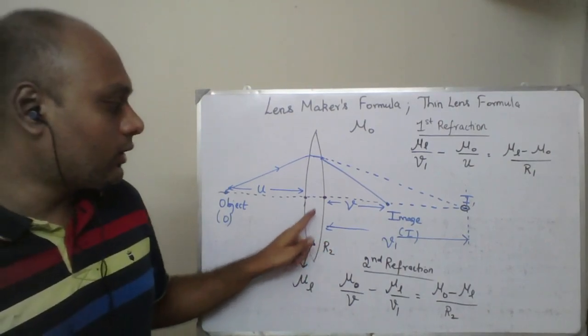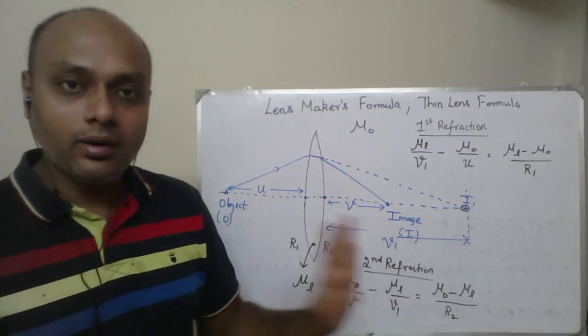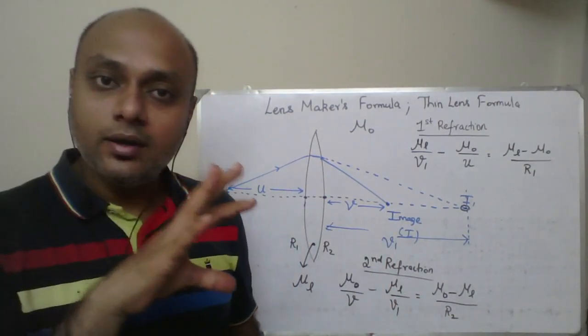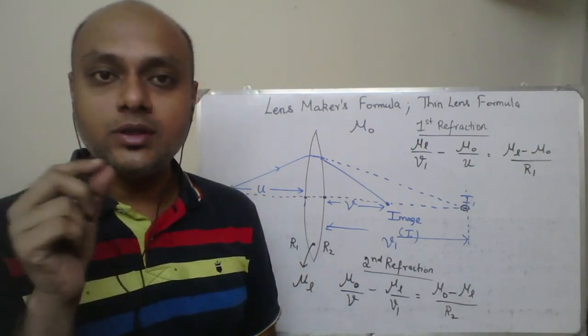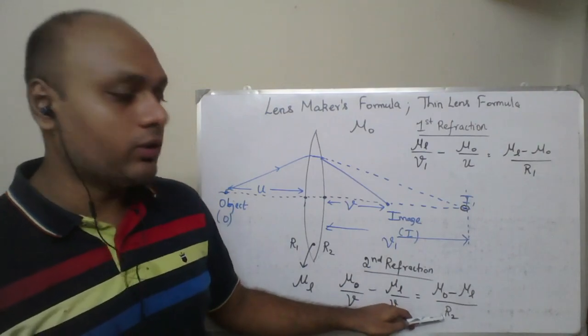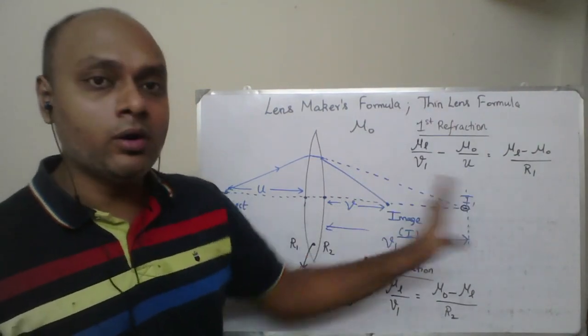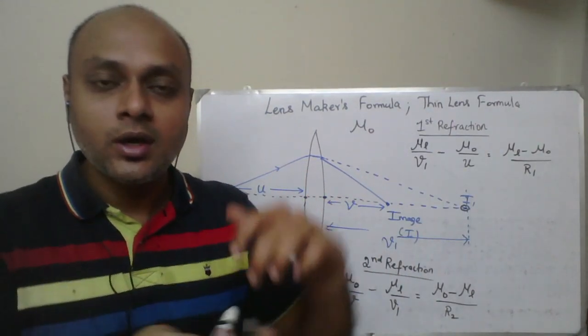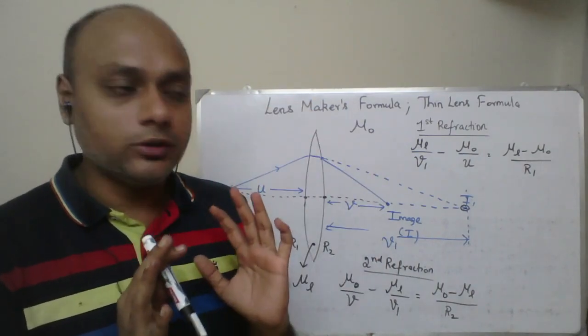I am not putting minus of R2, I will keep it as R2 itself. Now finally in the expression R2 should be substituted as negative, because you need to apply the sign convention for the radius, which I have not done yet. In fact, I have not applied sign convention for any distances. I am just writing the refraction formula.